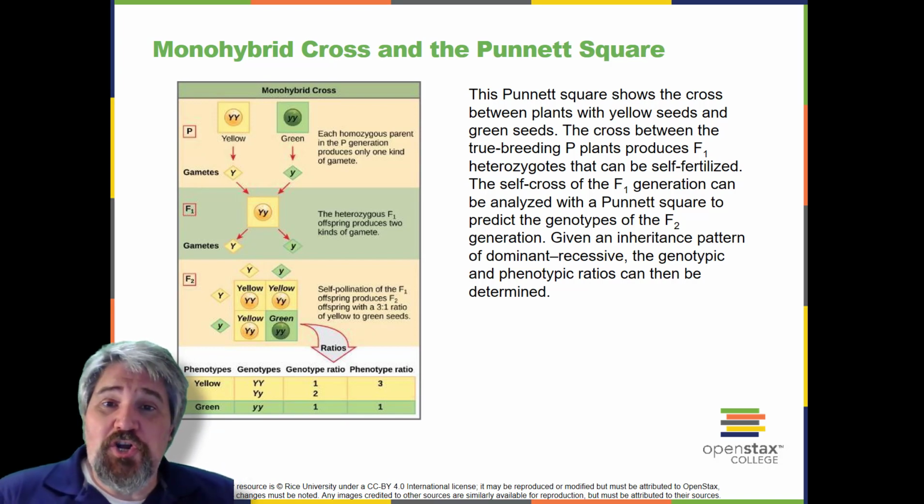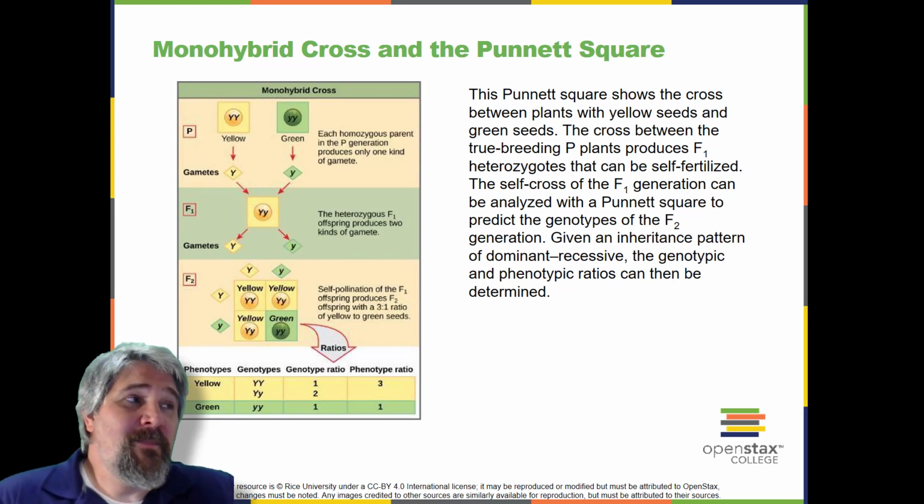When fertilization occurs between 2 true breeding parents that differ only by the characteristic being studied, the process is called a monohybrid cross, and the resulting offspring are called monohybrids. Mendel performed 7 types of monohybrid crosses, each involving contrasting traits for different characteristics.